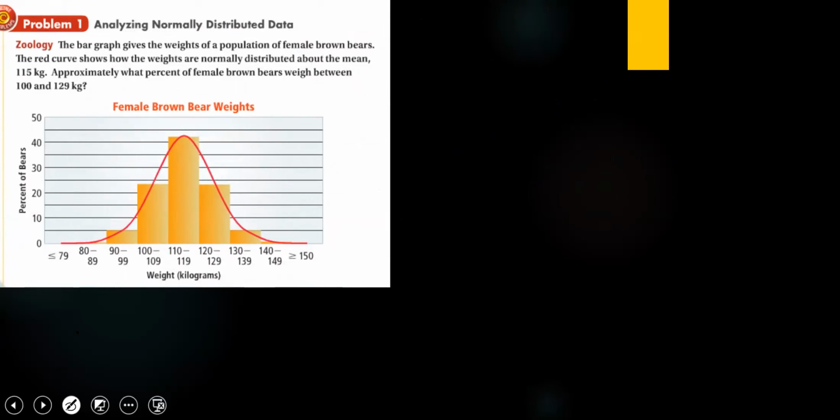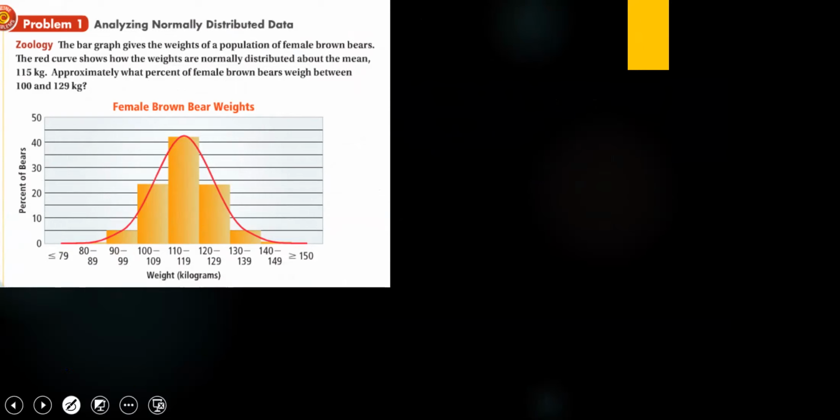Now, let's come back here to problem number 1, analyzing normally distributed data. Here, in normally distributed data, we do not call the mean x bar.